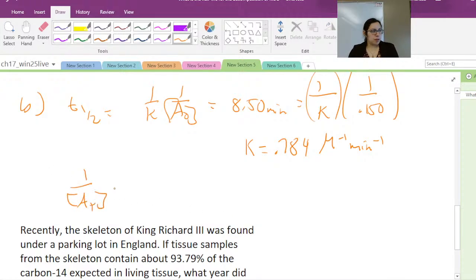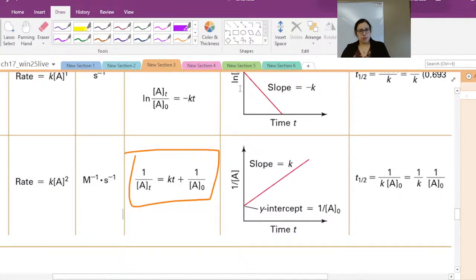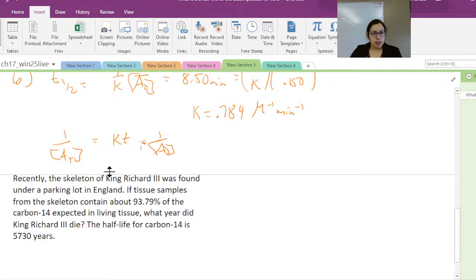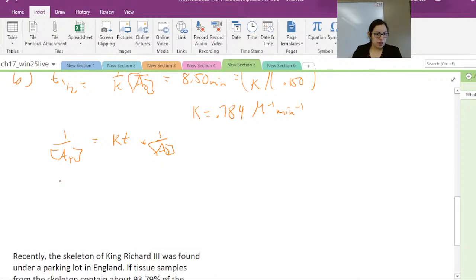Now I'm just copying the formula from our cheat sheet chart, and now just finish plugging everything in. So 0.03 is equal to, with 0.784, let's make sure we're in minutes, trying to solve for t.